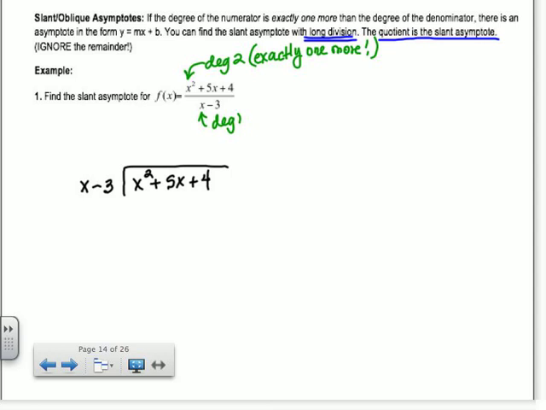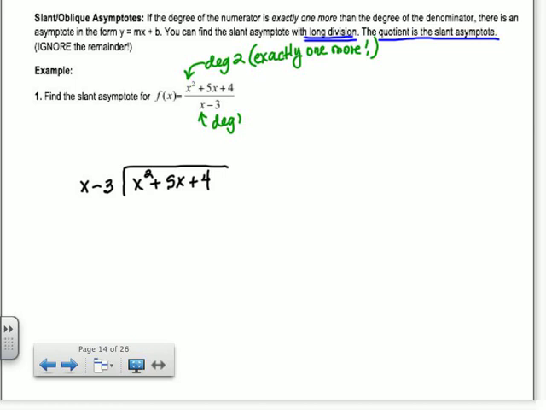Or no? Can't factor it. They don't cancel. You could do synthetic division on this one, but most of them you can't, because what if it was degree 3 and degree 2? Can't do it for degree 2. So might as well do the long division in your notes, right?